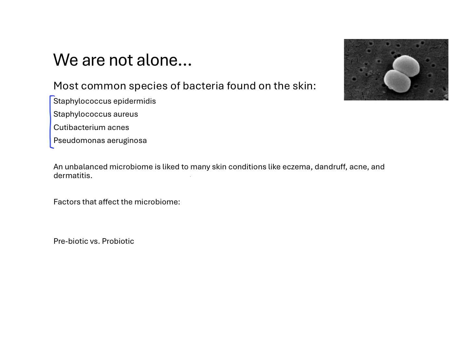If you have an unbalanced microbiome, if that moisture level isn't right, it can be linked to a lot of skin conditions like eczema, dandruff, acne, or dermatitis. And these are really annoying conditions.